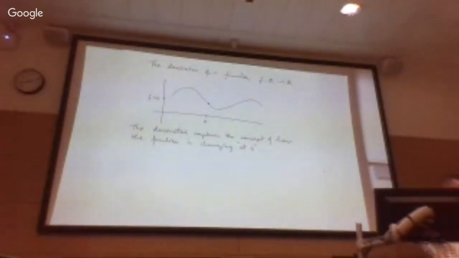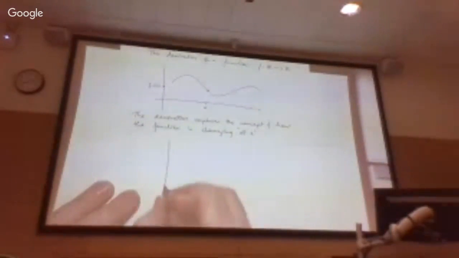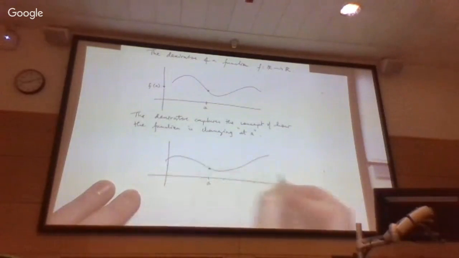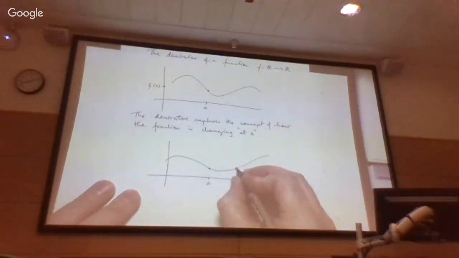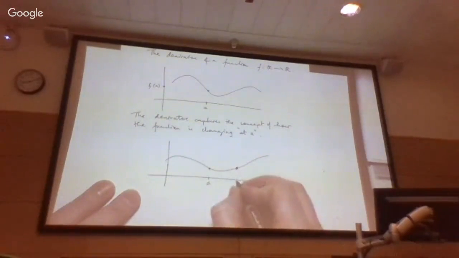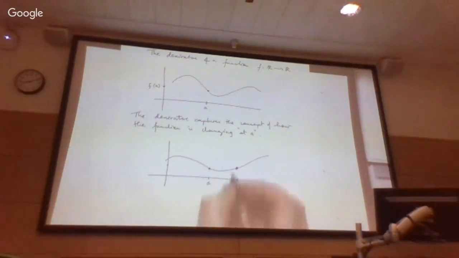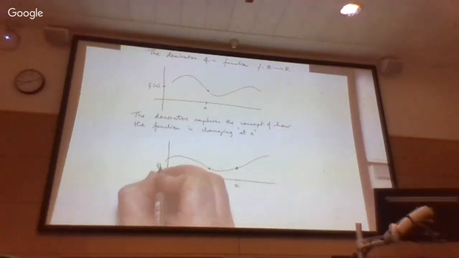So in order to lead us into the definition, one way you might do this is to choose your base point A, choose another point which we'll label as X, and compare the two values. You've got an f of A here.